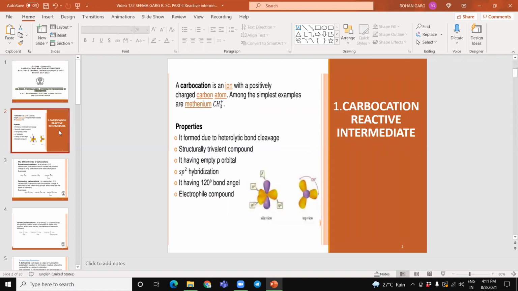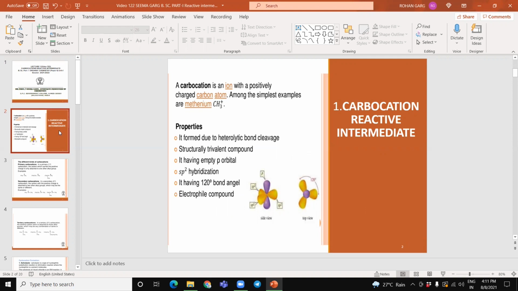Carbocation reactive intermediate. Carbocation is an ion with a positively charged carbon atom. Among the simplest example is methanium ion, that is CH3 plus.